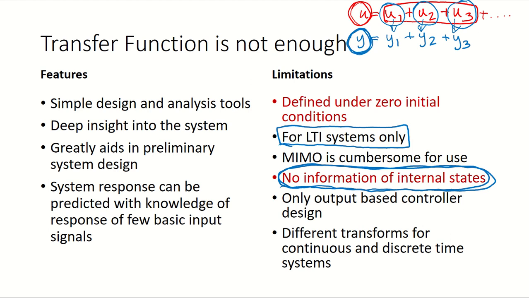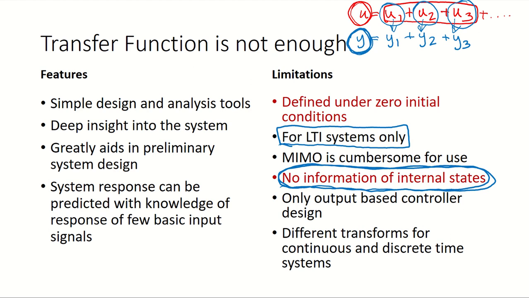And if you want to represent a transfer function of a discrete time system, perhaps you are not familiar with the transfer function representation of discrete time systems yet, but you know of the Z transform. So we have to go to the Z transform domain. So for representation of continuous and discrete time systems, we have to use different transforms.